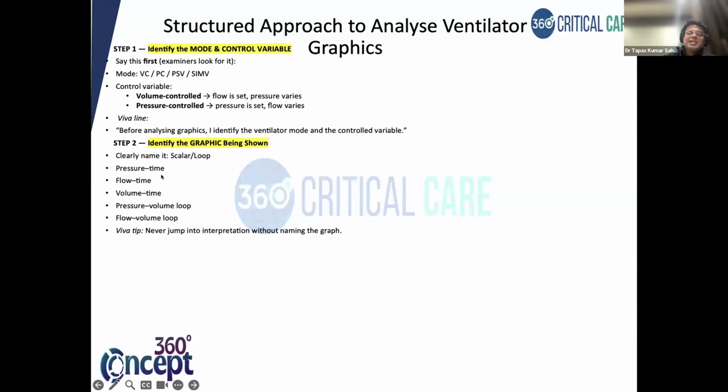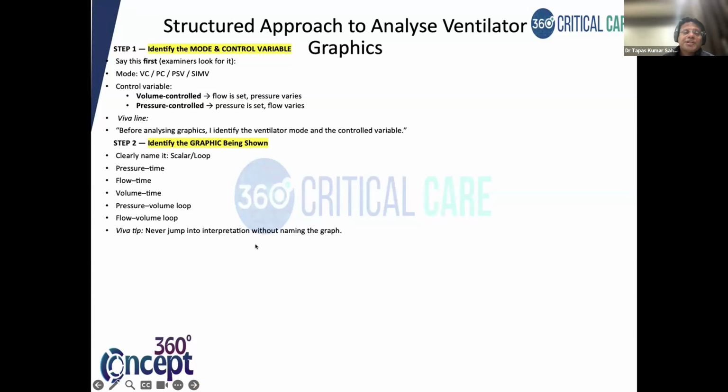Now the second step. The examiner would be showing you the graphic, in the practical on-site exam or in the online exam like EDIC 1, EDIC 2 or any fellowship exams. You will be expected to identify the graphic, clearly name whether it is a scalar or a loop, and again in the scalar whether it is pressure time, flow time, volume time, pressure volume loop, or flow volume loop.